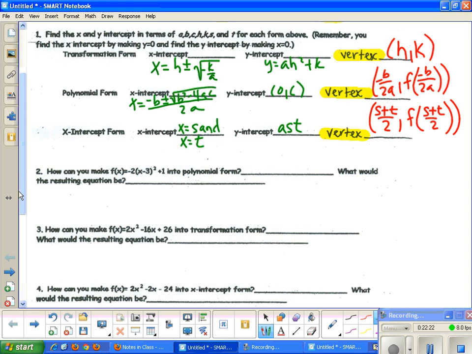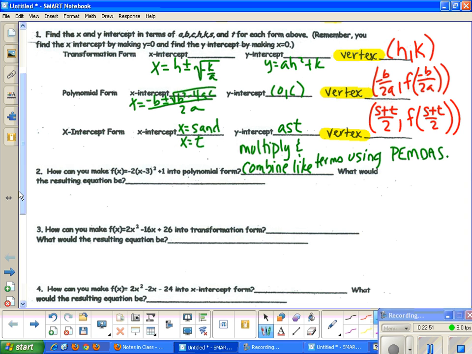Polynomial form is ax squared plus bx plus c, which means I want to use my order of operations, multiply and combine like terms, using PEMDAS.